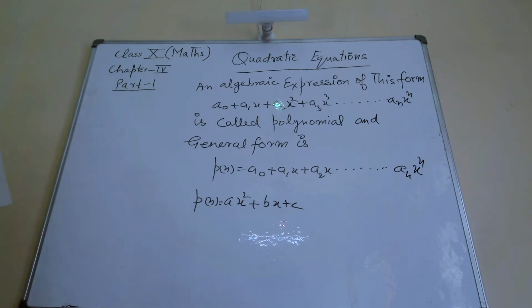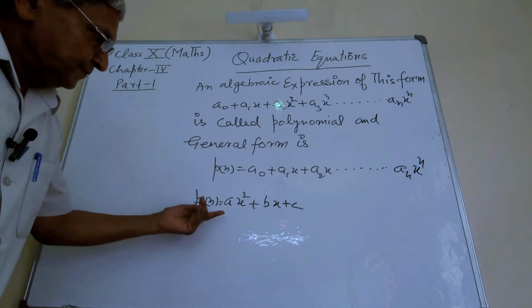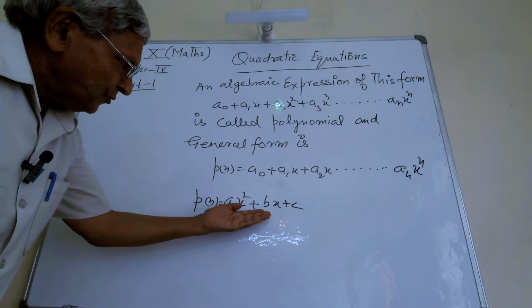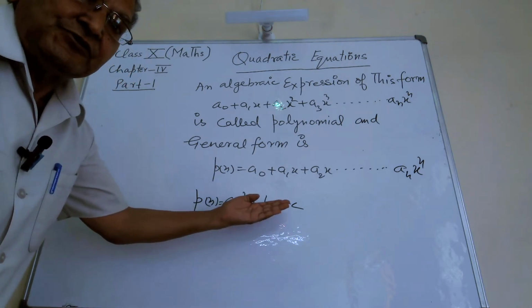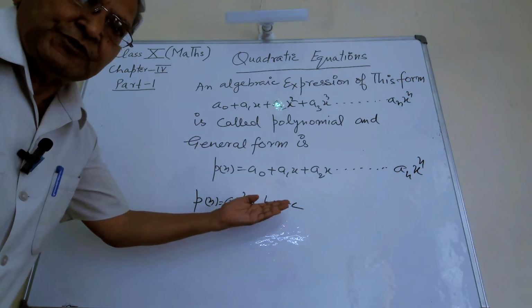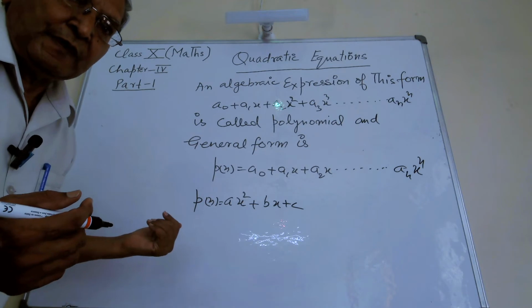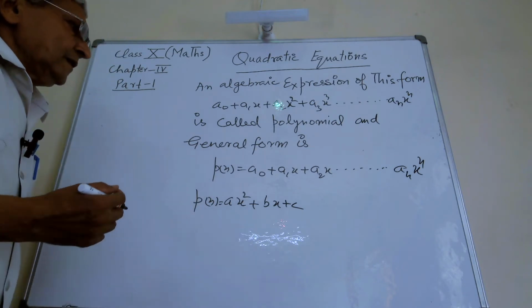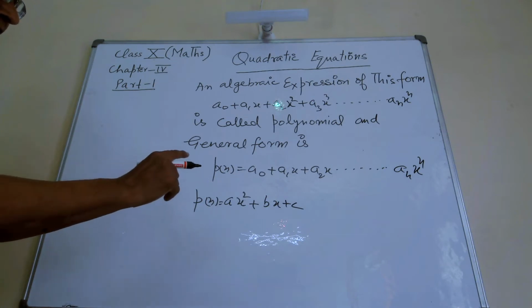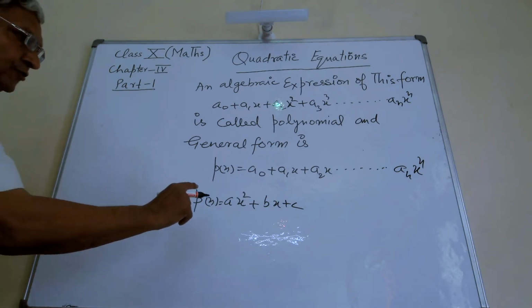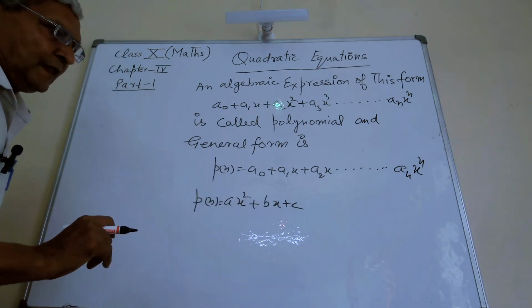So I want to tell you that this quadratic polynomial has two zeros. Let alpha be any real zero of this polynomial.